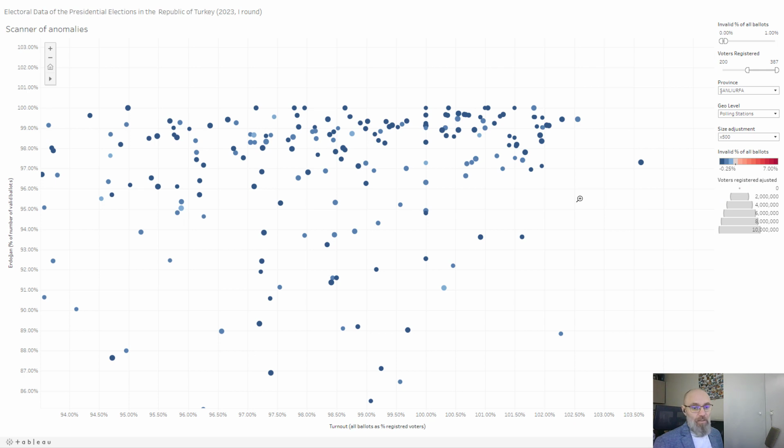I can pinpoint every given polling station and get, I think, their ballot box number, their results that seem improbable, like turnout 101% or turnout 100% at the same time. 300 people, 99.933% turnout and the same number for Erdogan. So it's very improbable. And these zones should be investigated.